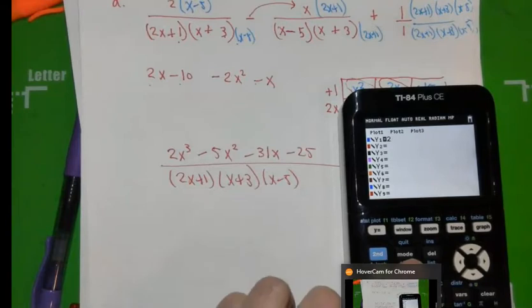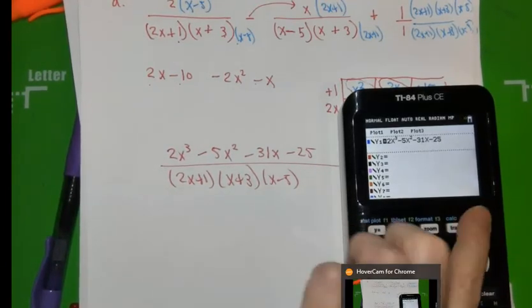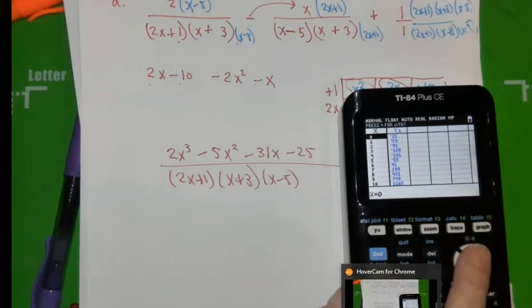A quick way to discover that is to graph 2x cubed minus 5x squared. By the way, you can use Desmos for this too, but you'd have to zoom way out. This is the one thing I really prefer on the TI over Desmos, because this table is a whole lot easier to construct and use.